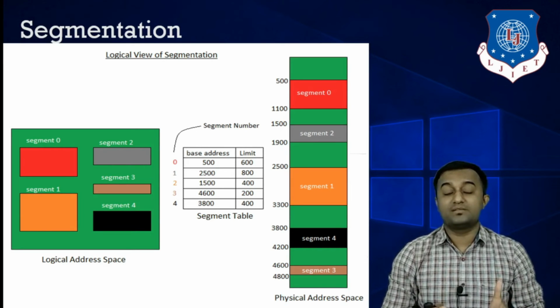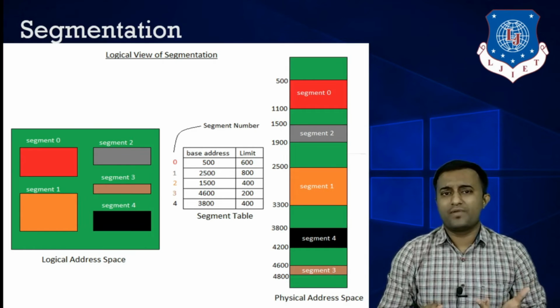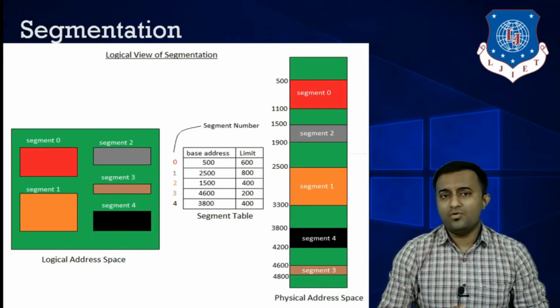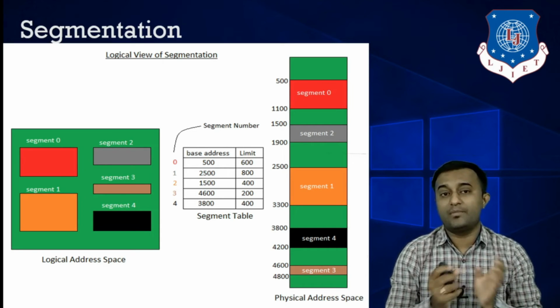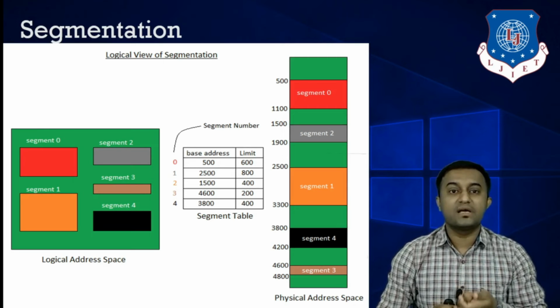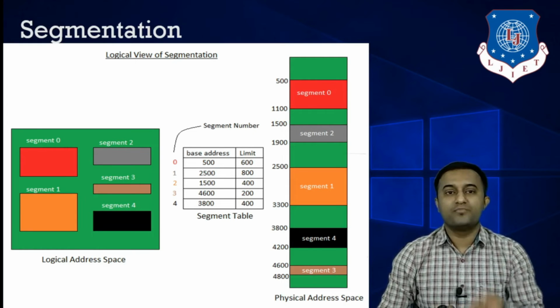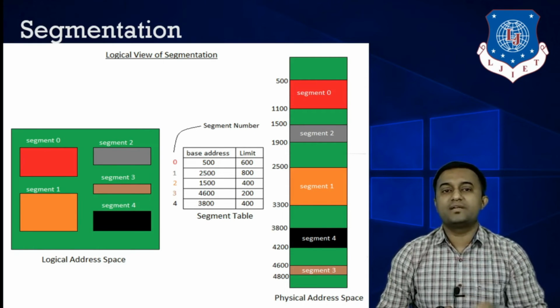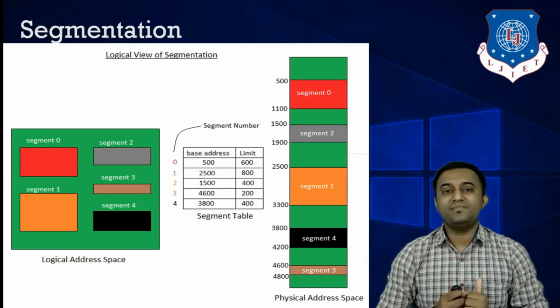And the segment table can also be considered as an index table. Okay, so the segment table contains two fields. One is base address and the second one is limit, or you can say the range of that particular segment. So base address means what? Base address denotes where the particular segment starts.